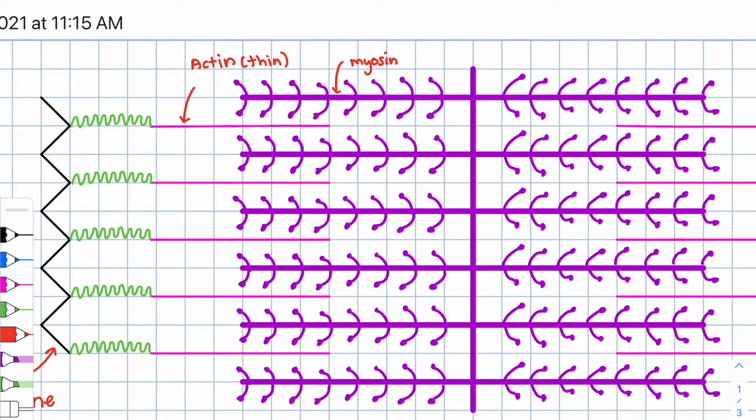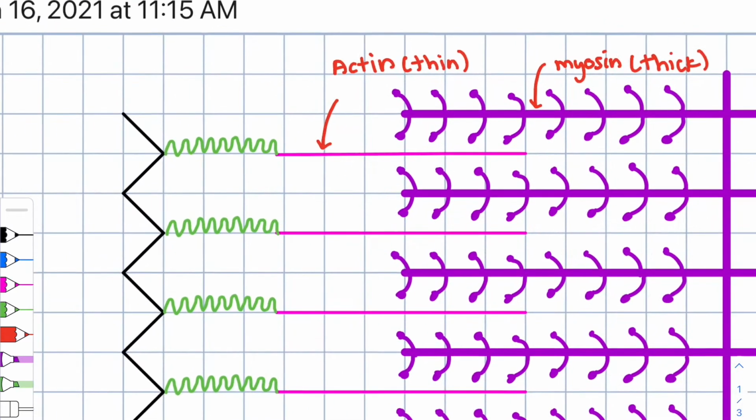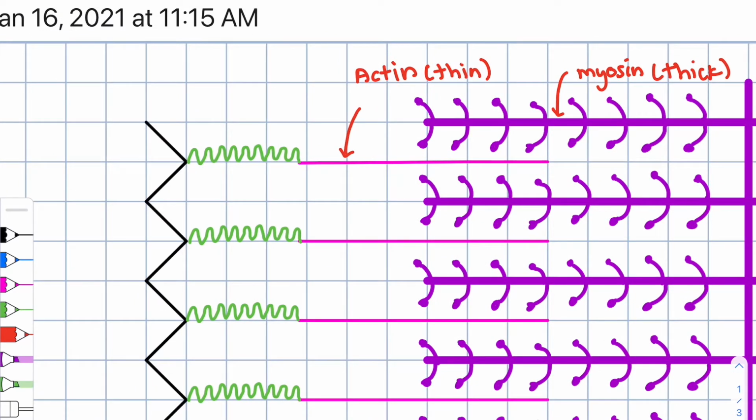Okay, so your myosin is your thick and your actin is your thin filament. Take a look how actin is being anchored to the Z line via this protein that is called titin. So titin is going to anchor the actin or the thin filament to the Z line.